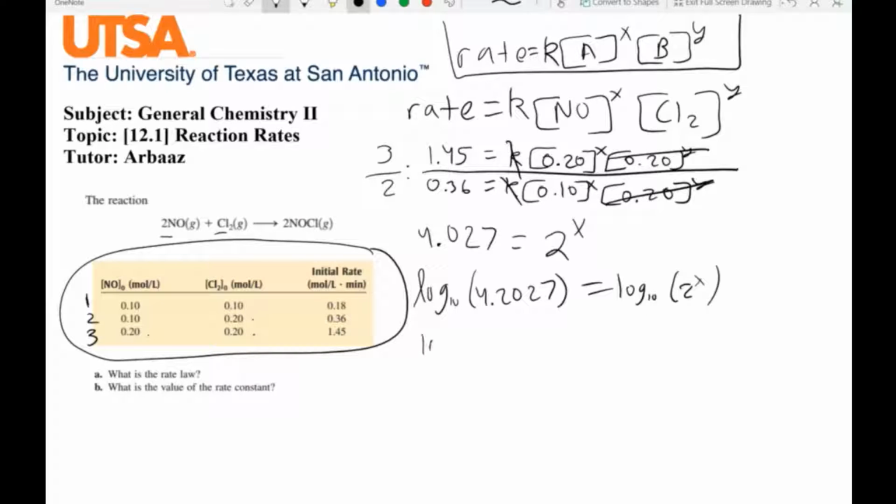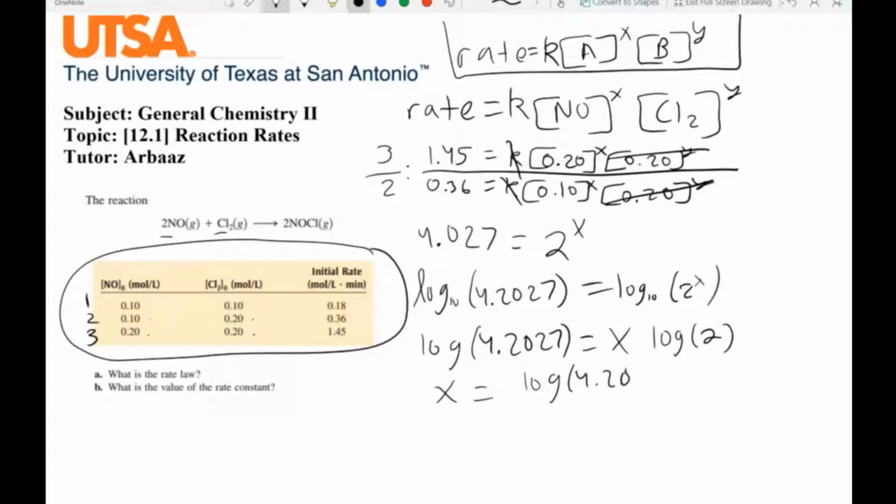So what it would be is the log of 4.027 equals x times the log of 2. So now to solve for x, it would be the log of 4.027 divided by the log of 2. In this case, x equals 2.